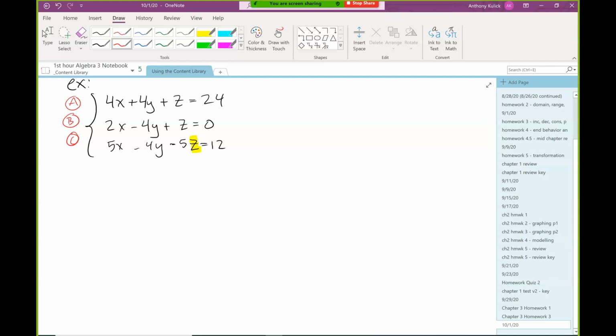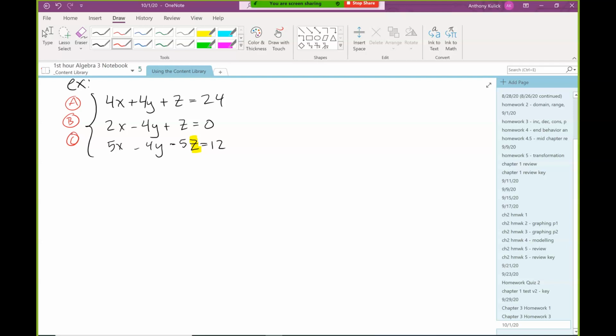My goal here is just to avoid having to deal with fractions. Sometimes that's unavoidable, and that's okay. We can deal with the fractions if we have to, but they slow everything down, and if we don't have to deal with them by making good decisions, let's make good decisions and not have to deal with the fraction, right? That seems like a pretty good deal.